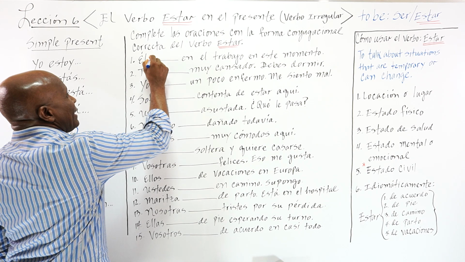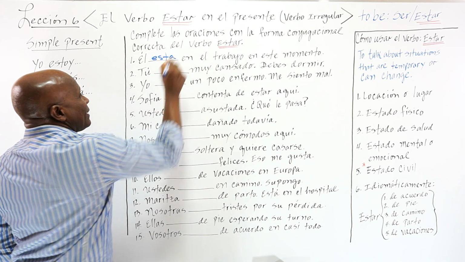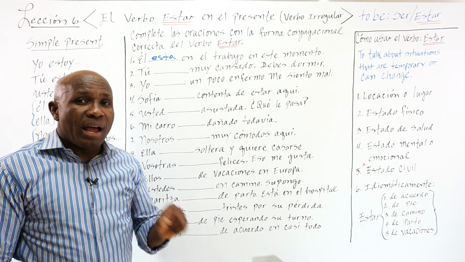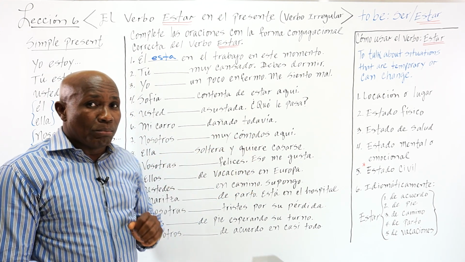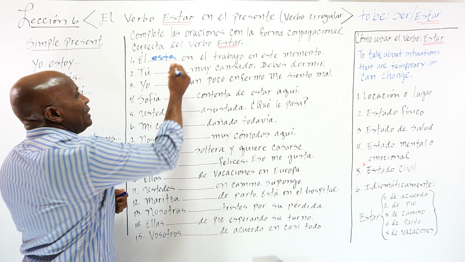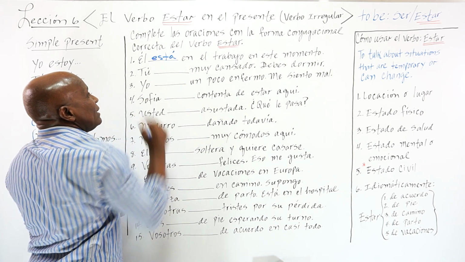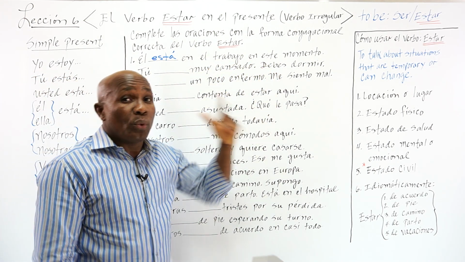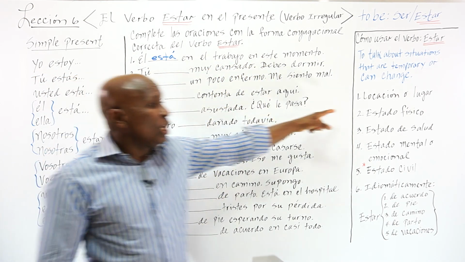Él está en el trabajo en este momento. He is at work at this moment, all right? Él está, let me put the accent mark. Él está en el trabajo en este momento. What is that? What context is that?